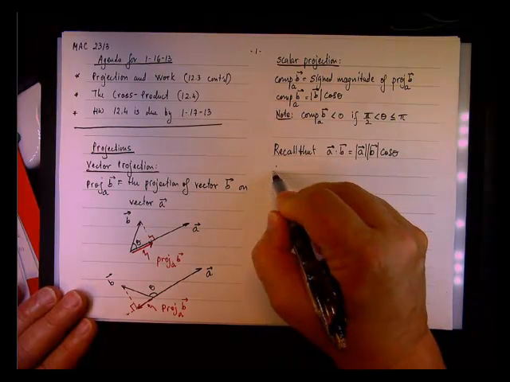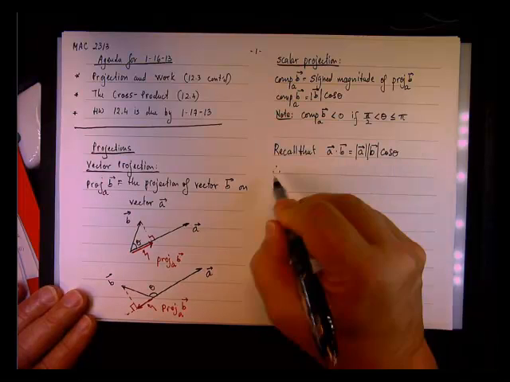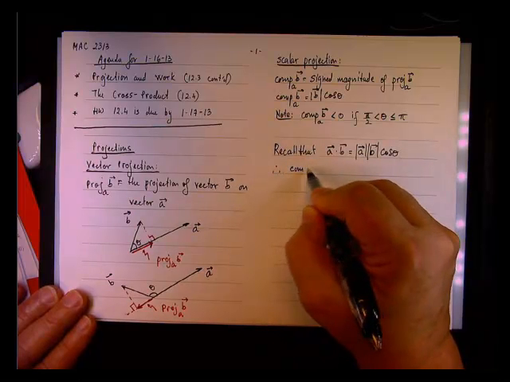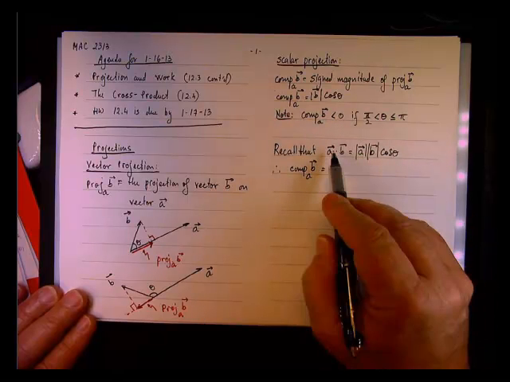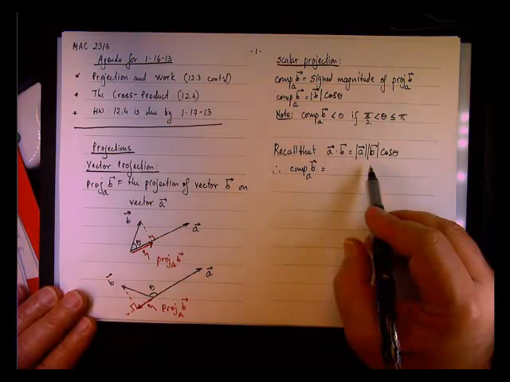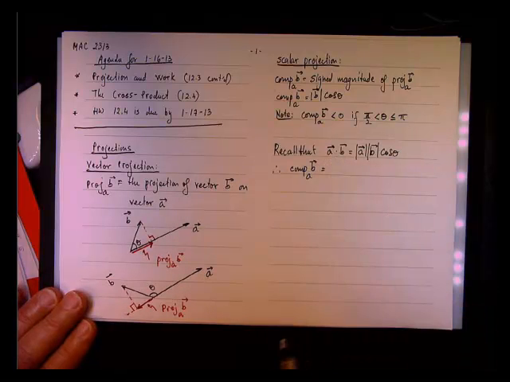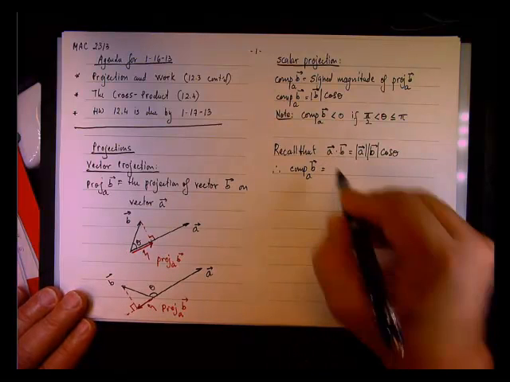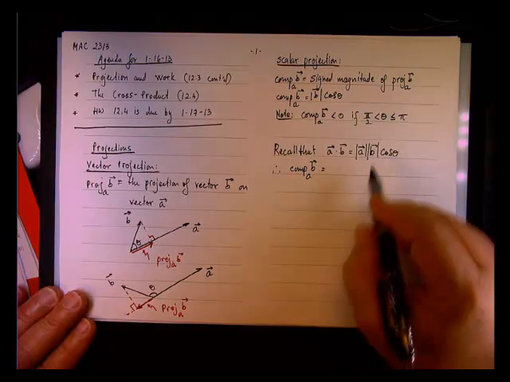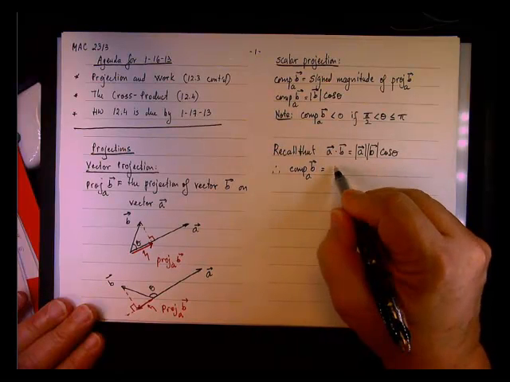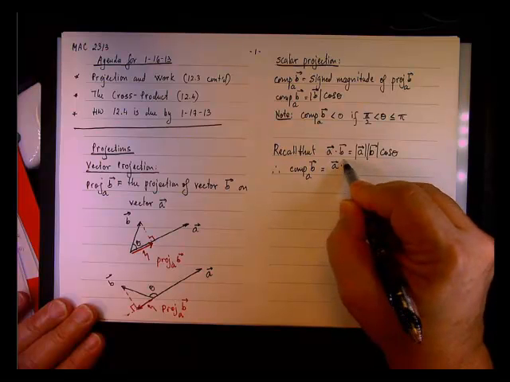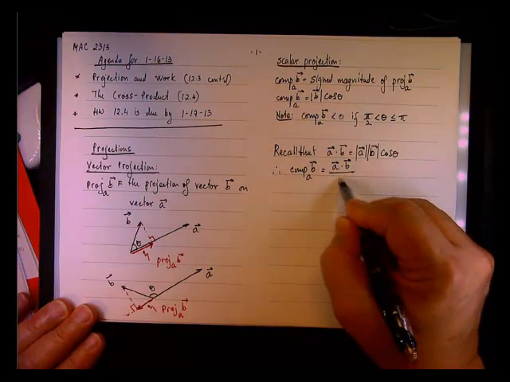So you can see that if you divide this expression by the magnitude of A, then we get the following. The scalar projection of B on A will be simply the dot product divided by the magnitude of A. Okay, we can write it like so.